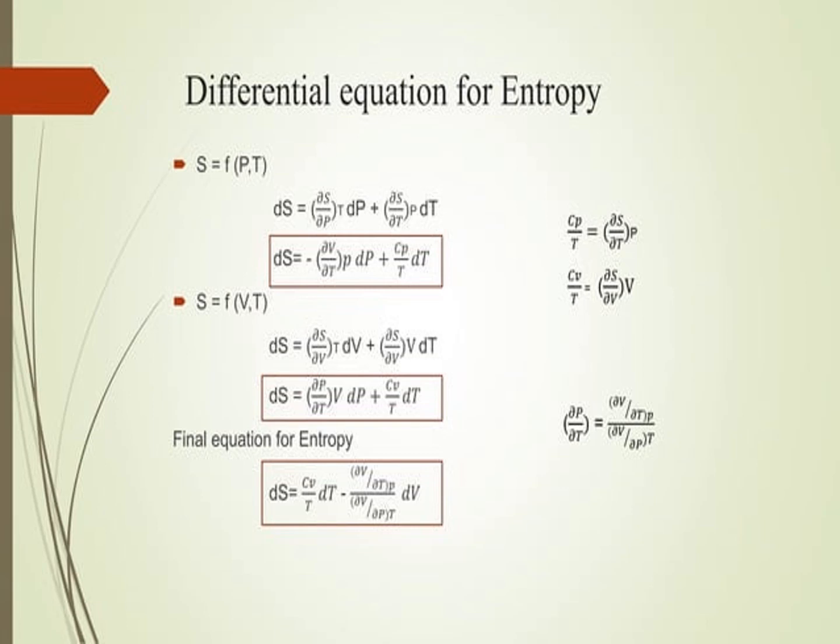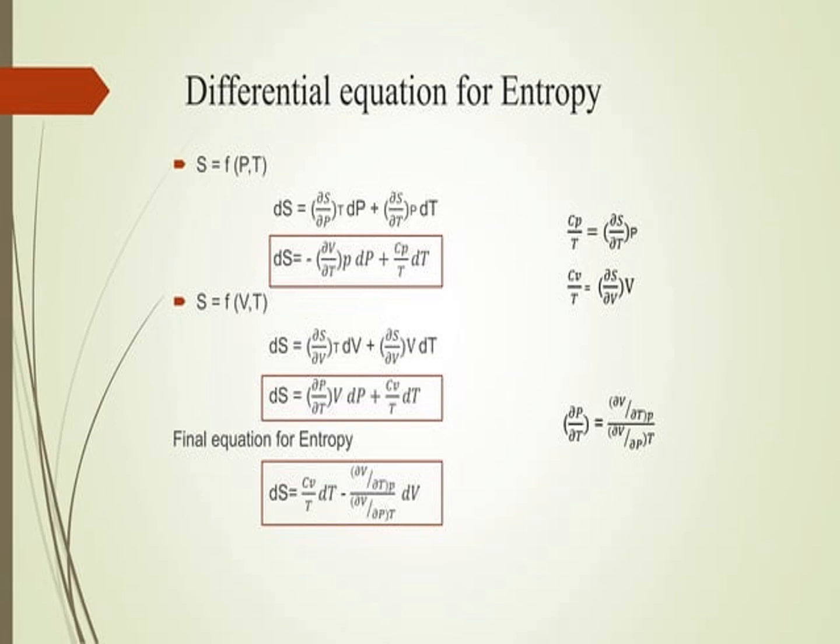We already know Cp divided by T is equal to ∂S/∂T at constant P. That is the specific heat formula for constant pressure Cp and constant volume Cv. For Cp that is given as the equation, and Cv is given as Cv divided by T is equal to ∂S/∂T at constant V. We substitute that in the equation of entropy, and you will get the formula finally.